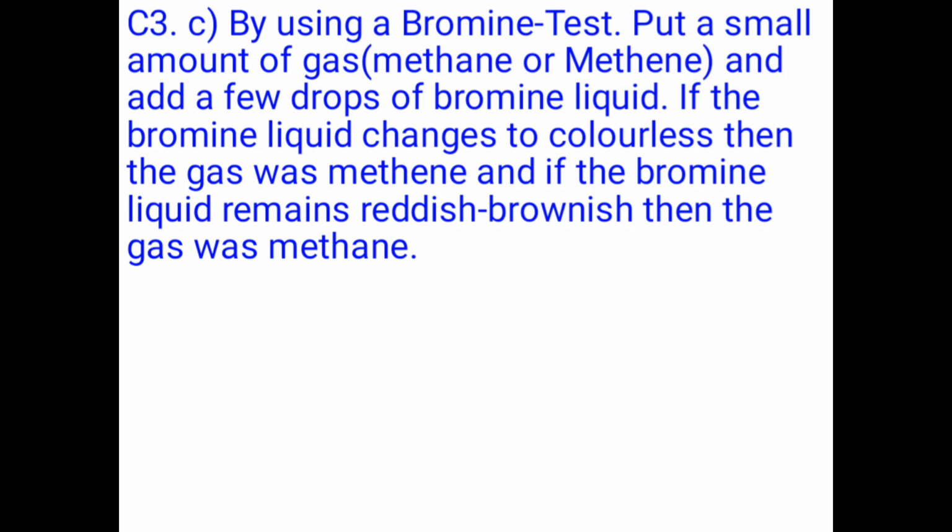If the bromine liquid changes to colorless, then the gas was ethene, because of the double bonds. In unsaturated hydrocarbons, the double bonds will open up and accommodate bromine, because it is a halogen. And if the bromine liquid remains reddish-brown, then the gas is ethane.